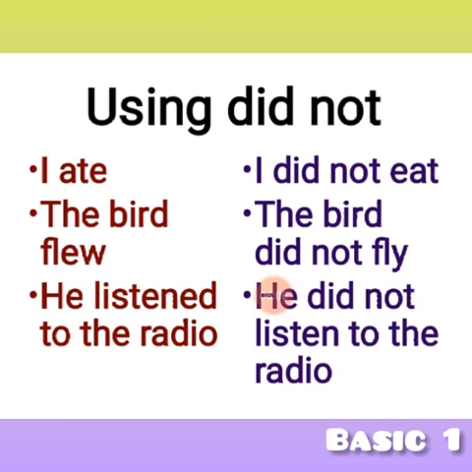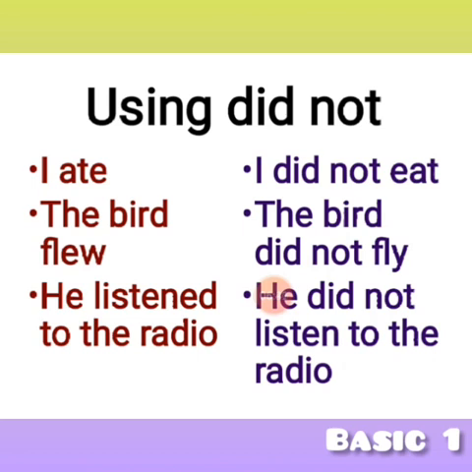I take the sentences again. I ate. That is under simple past in the positive. In the negative you have I did not eat. The bird flew. The negative there is the bird did not fly. He listened to the radio. In the negative form you have he did not listen to the radio.